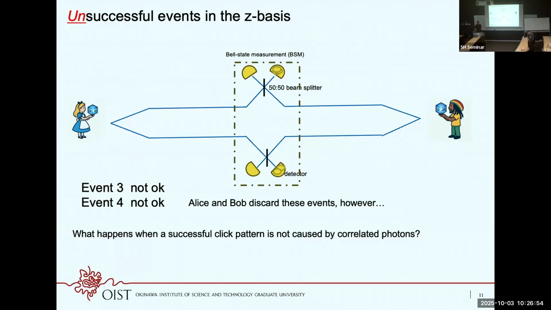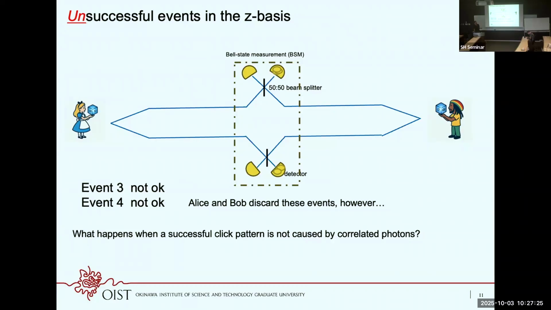Actually, maybe many of you know this detector can click because there is a phenomenon called dark counts, which is a noise in the photon detectors. A dark count means the detector will click even if no photons arrive there. So Alice sent her photon, it reached these detectors, Bob sent his photon, but it has been lost.